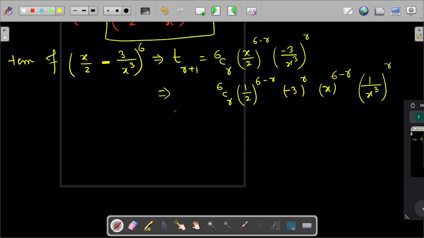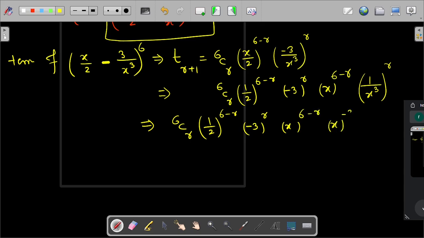So now please simplify this a little bit: 6Cr (1/2) raised to power 6 minus r, (-3) raised to power r, x raised to power 6 minus r, and this is x raised to power minus 3r. Is it okay? Now I am simplifying.